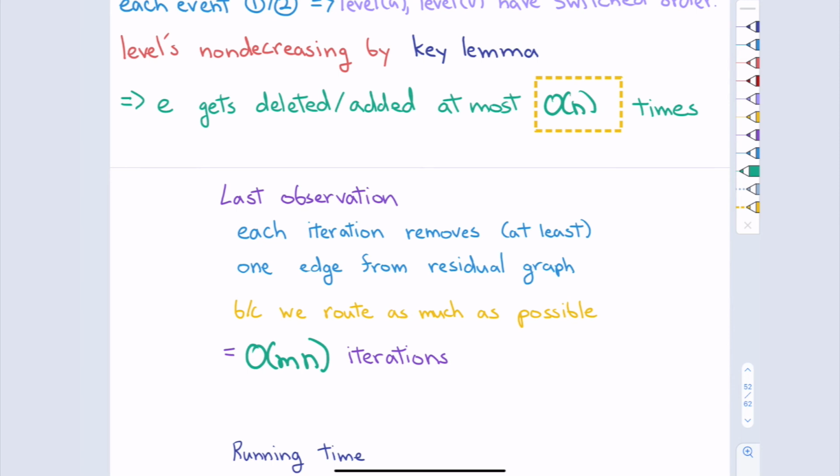Each edge can only get removed n times. That matches. So somehow, assuming that the labels never go down, they can only go up, we can actually argue that augmenting as much as possible along the shortest S to T path is guaranteed to have a polynomial number of iterations.